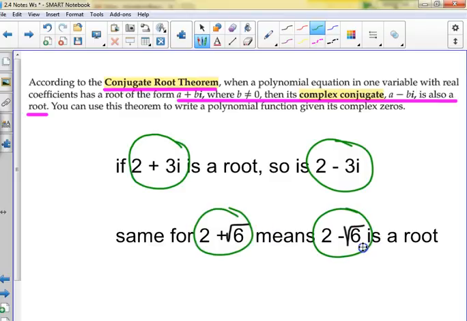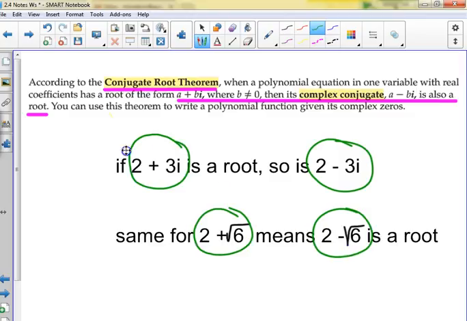You can't have a zero of 3i without a zero of negative 3i. You can't have a zero of 2 plus 3i without a zero of 2 minus 3i. As long as everything in the polynomial had real, rational coefficients, okay? And the same goes for this. If you have 2 plus the square root of 6, you have to have 2 minus the square root of 6. They come in conjugate pairs.